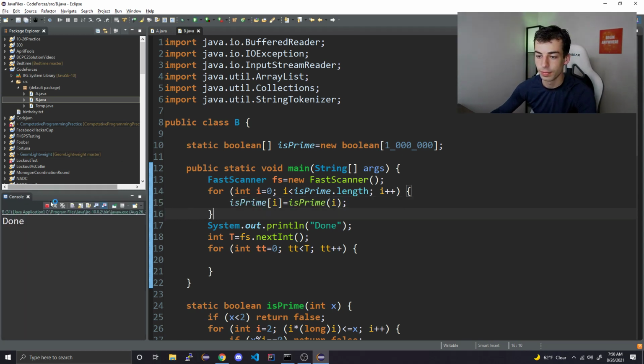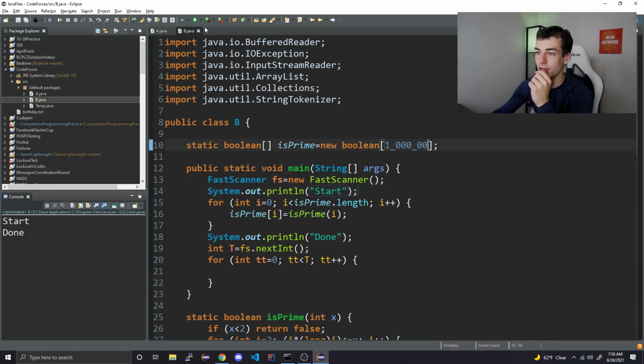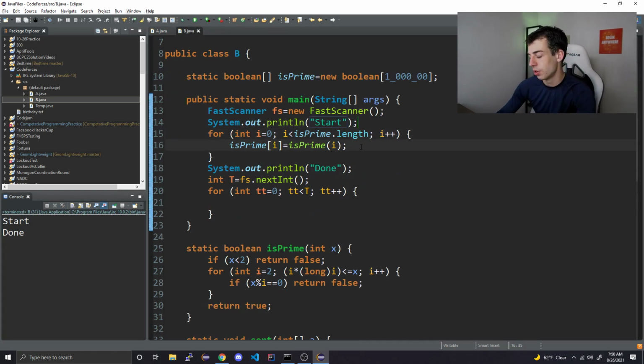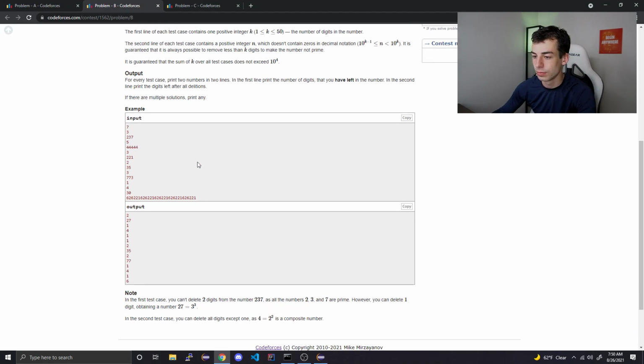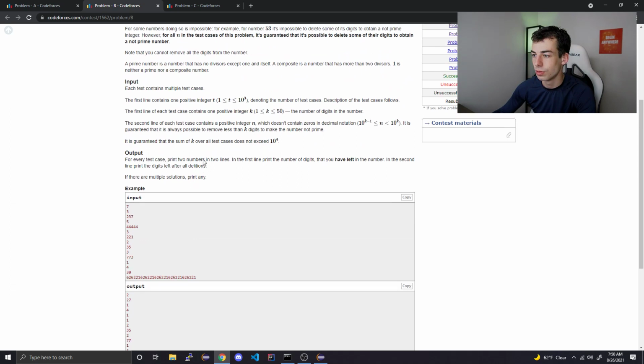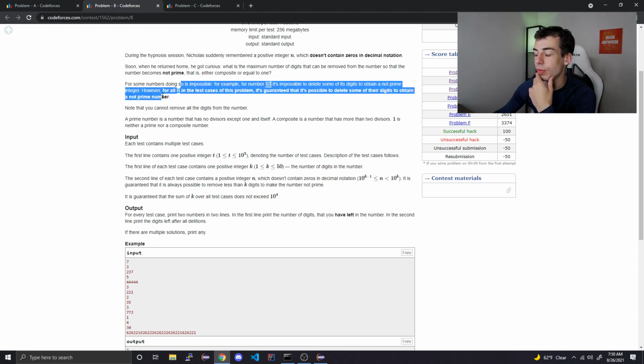How long does this take? Probably fine. I guess we'll do this just to be safe. So what if there are no solutions? Oh, it's possible to delete some digits to obtain a not prime number.